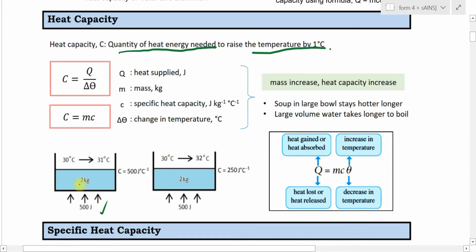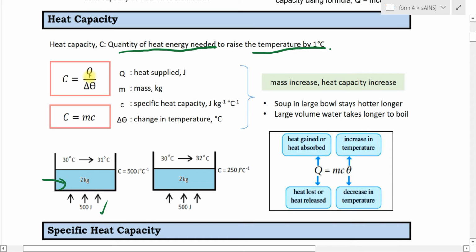Okay, so that means kalau dia menerima 500 joule of heat energy, dia boleh menunjukkan perubahan temperature. So, itulah muatan dia. Muatan dia adalah 500 joule untuk menunjukkan perubahan. Okay, so dia punya formula adalah C equal to Q over theta.